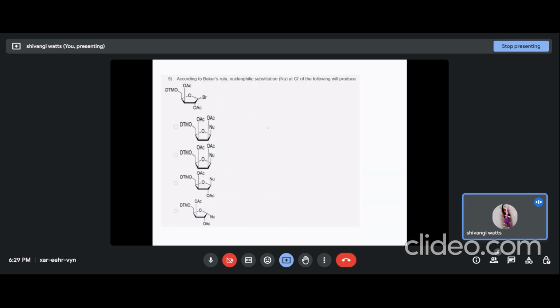Now if you see this option, the O-acetate is already here. If the nucleophile comes, you eliminate the first two options, because here the OS is downward. According to Baker's rule, whatever nucleophile comes, it should be trans. In this option you see they are trans to one another. So option C is the right option.